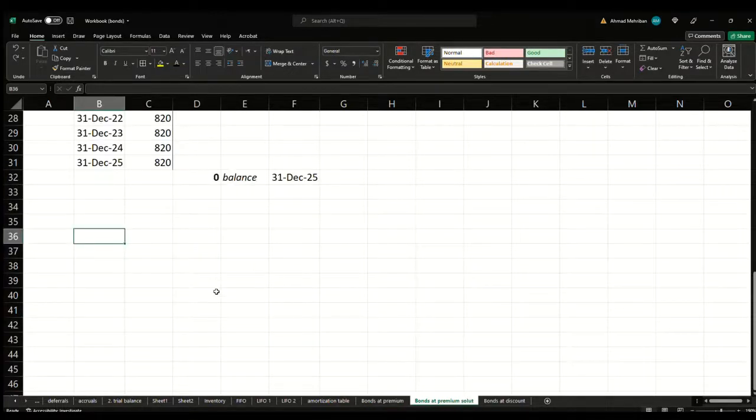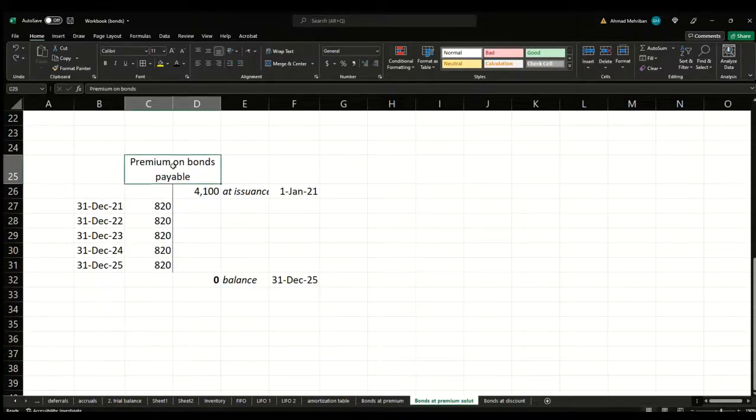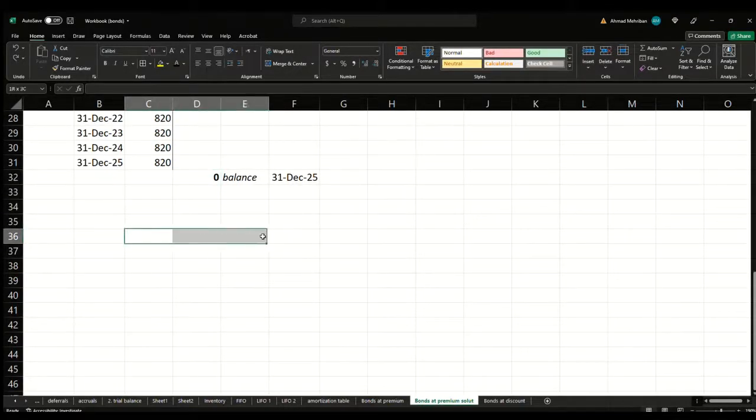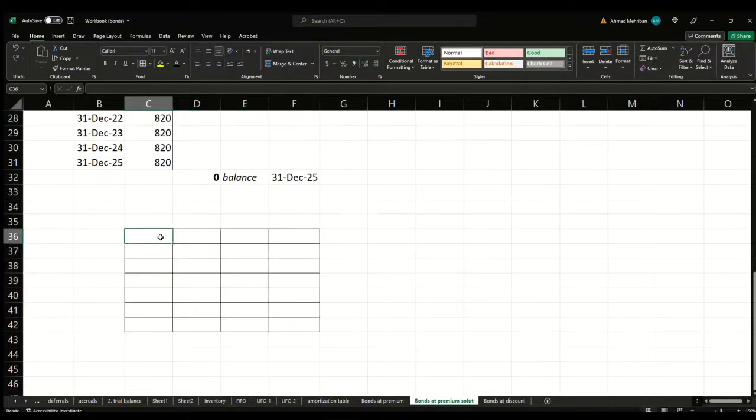So if you ask why do we need to amortize and bring our premium on bonds payable to 0, I hope to give you the explanation using this table. Let me just select the appropriate number of columns and rows. So what do we have here?